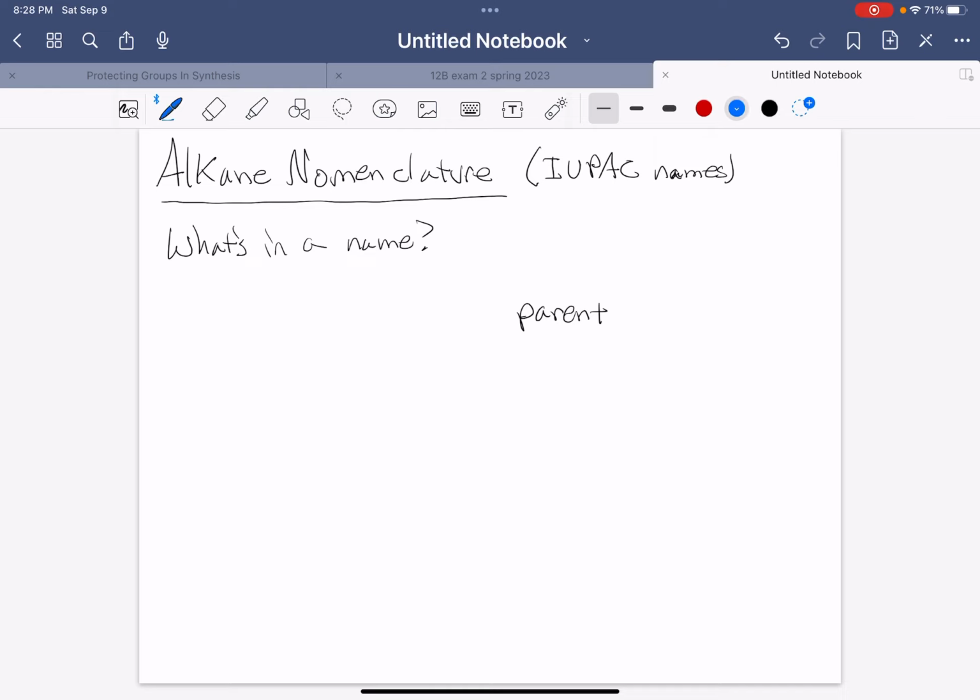We will have a suffix. We will have a prefix or prefixes.